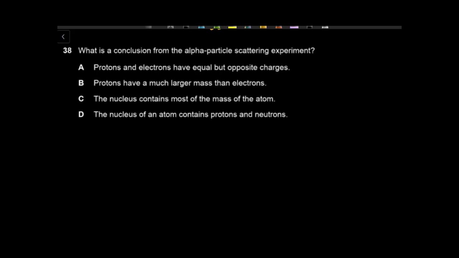After tracing many particles and examining the pattern, Rutherford deduced that the atom must have nearly all its mass and a positive charge in a central nucleus, which is smaller than the atom itself. So from this conclusion of Rutherford, we can say that the nucleus contains most of the mass of the atom.